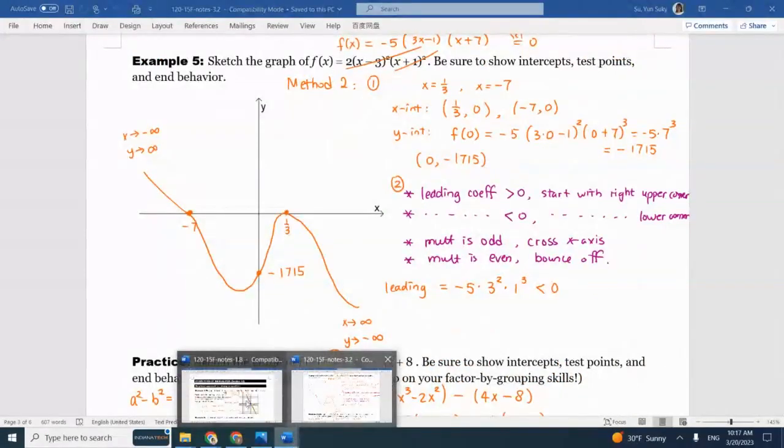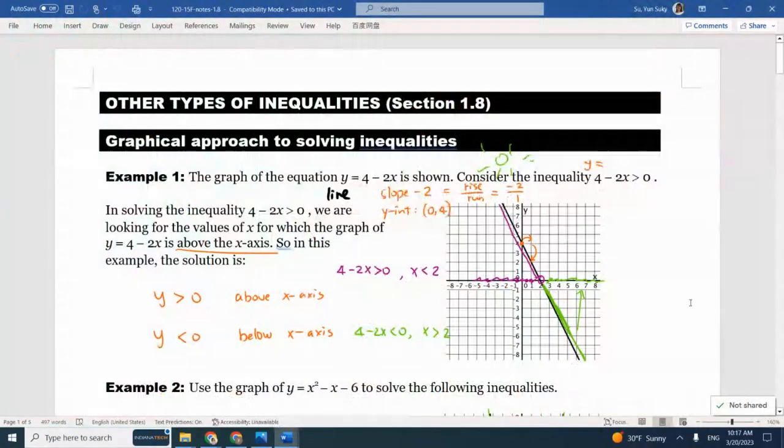And so last time we talked about section 1.8. We did example 1, right? Greater than 0 means it's a portion of the graph where it is above the x-axis, right? So let's say, greater than 0, this part. So therefore, what are the x values? You kind of imagine there is a sun, and you put it down. What is the shadow?